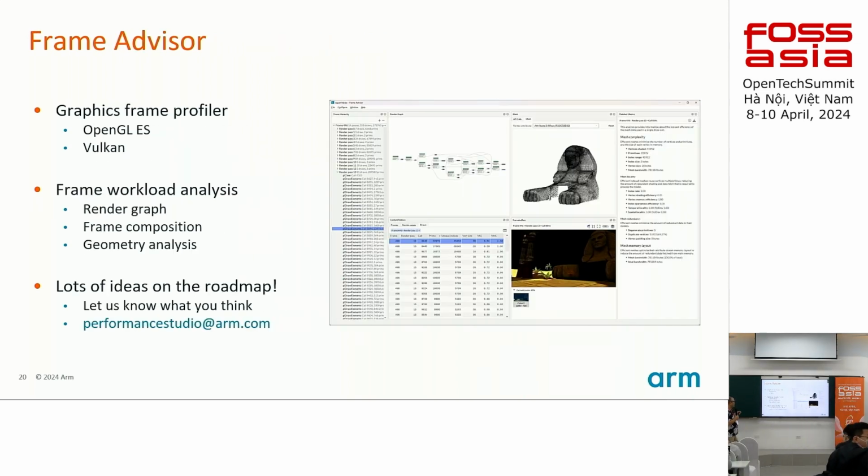So Frame Advisor is the new addition, and this is focused primarily on the graphics side. There are more and more platforms coming out based on ARM with multiple types of GPUs now. So my machine here is a Lenovo X13s. It's an ARM-based platform running a Qualcomm chipset.